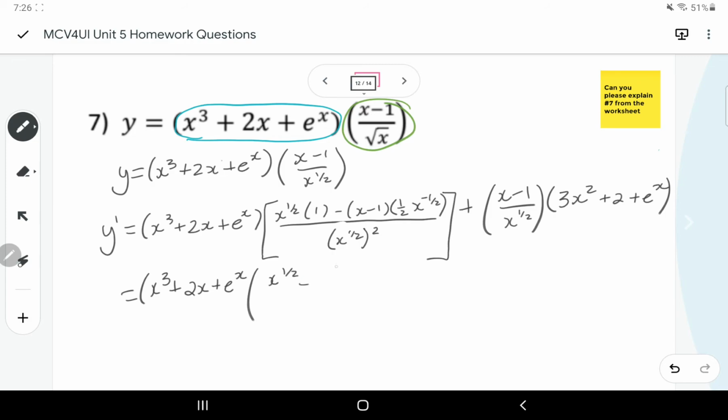So minus 1/2 x to the 1/2, because here when I'm multiplying this x by this x to the 1/2, I'm adding the exponent. So 1 plus negative 1/2 is 1/2. And then the next one, I'm going to have plus 1/2 x to the negative 1/2 all over the bottom and x.